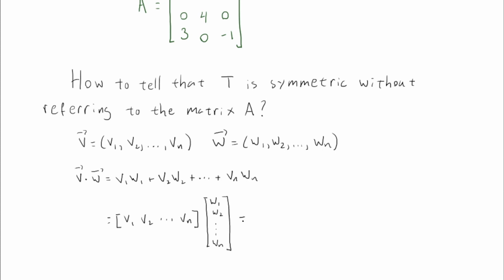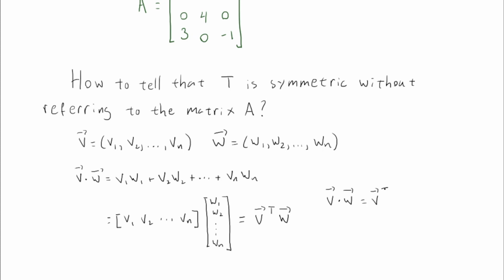And so the way we're going to write this in shorthand is that, remember I said if you write a vector as a matrix, you should write it as a column matrix, a vertical matrix. And so this laying down vector here, this row matrix, this is not V, that is V transpose. Because if you take V, the column matrix, and you transpose it, you turn it into this row matrix, then you multiply it by W, a vertical matrix. So this is a neat little identity that's going to let us understand symmetric operators a little bit better.